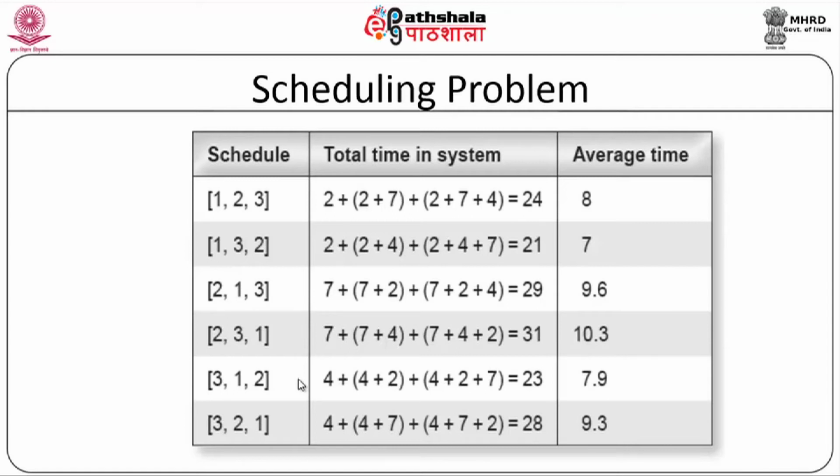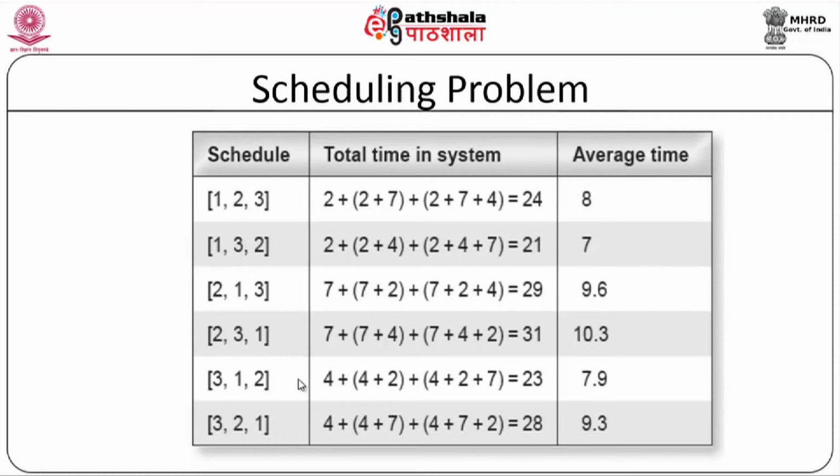It takes 7 units. Meanwhile, the third job has to wait. So, 2 plus 7 is the waiting time for the third job, and after that it takes 4 units of time. So, you can see that it is going to be 24.